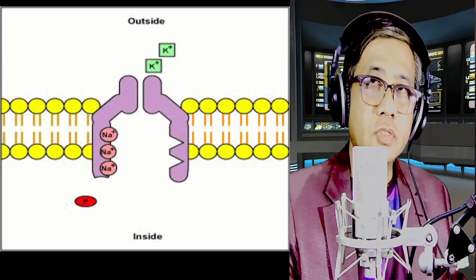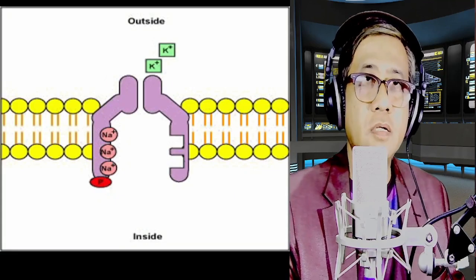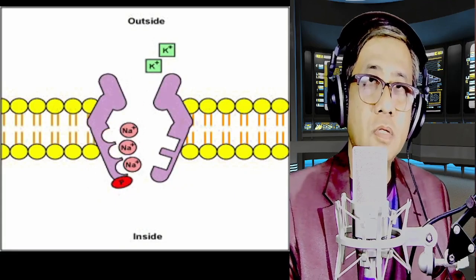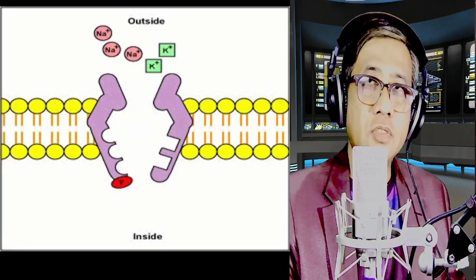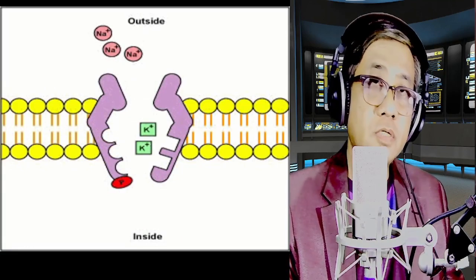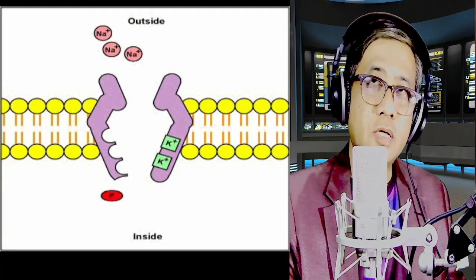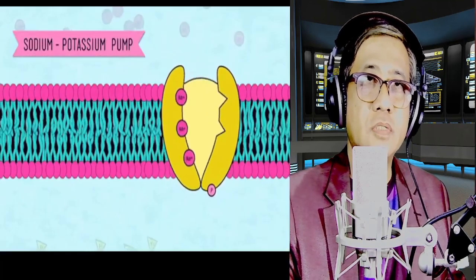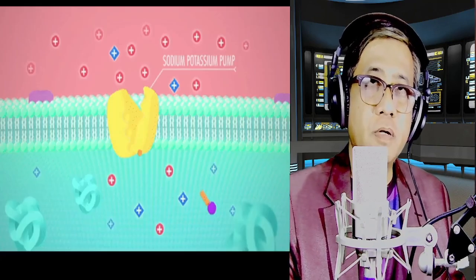So if the process continues, there will be more sodium ions outside the cell compared to the amount of sodium ions inside. So again, in this sodium-potassium pump, 3 sodium ions exit the cell and 2 potassium ions enter the cell. Alright, so that's the sodium-potassium pump.